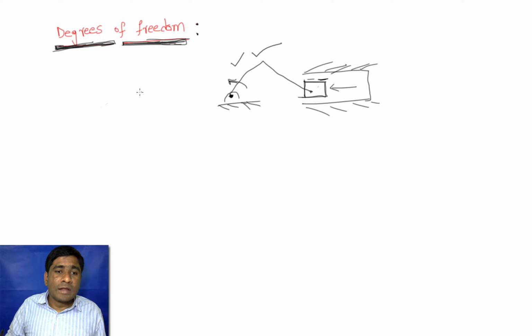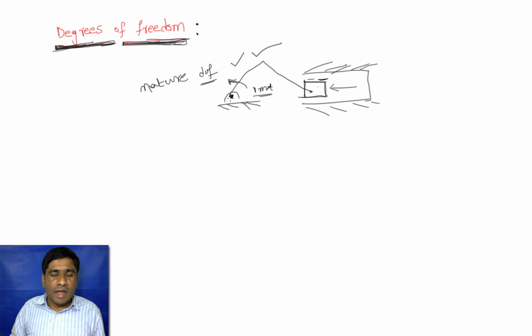But what is the nature of DOF? In the same example, we know that for a given input motion, the output is only one motion, that is a rotational motion at the crankshaft. But I said only rotational motion by experience.